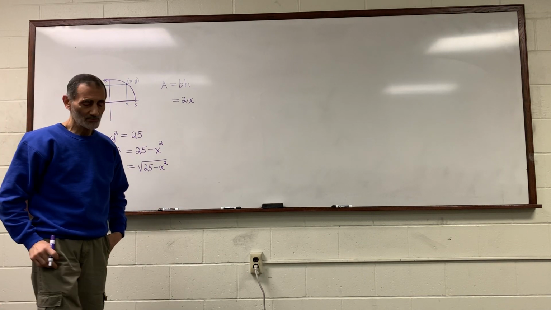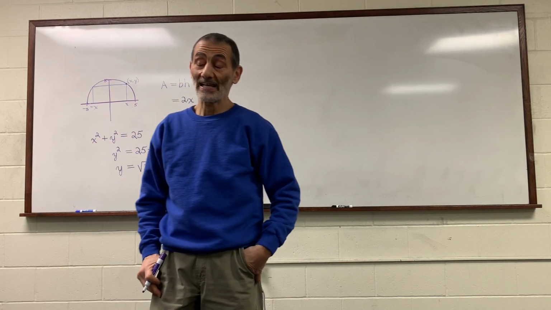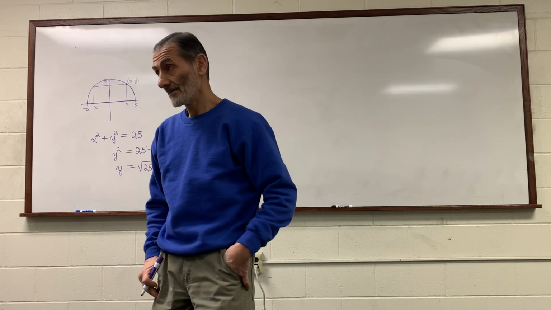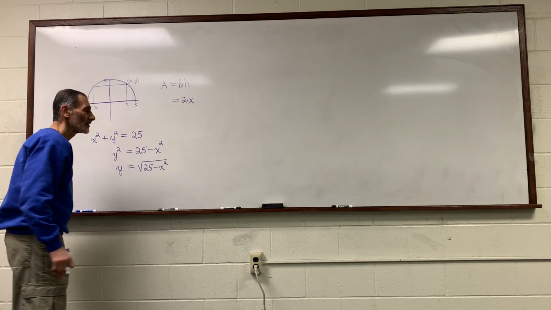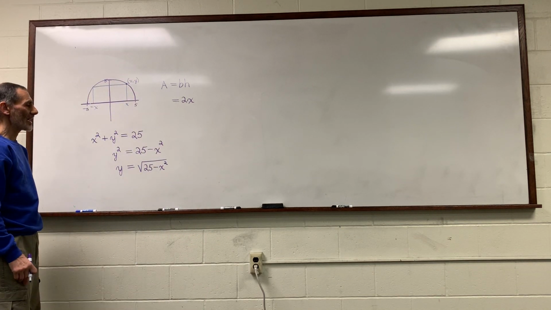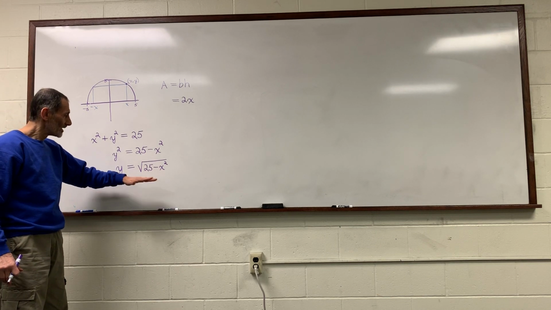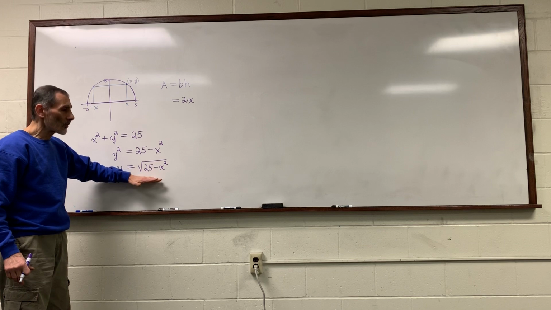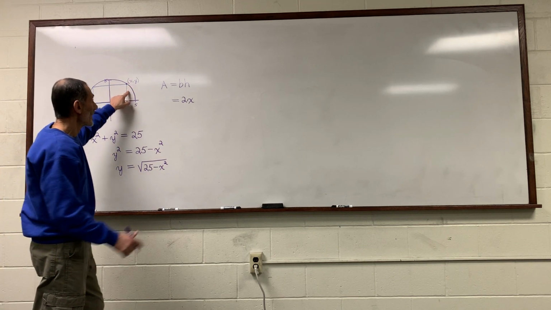A warning at this point. Do not dare to say that that equals 5 minus x. There are very few crimes in mathematics that I consider capital offenses. That would be one of them. All right, y is simply the square root of 25 minus x squared. That is the height of our rectangle.